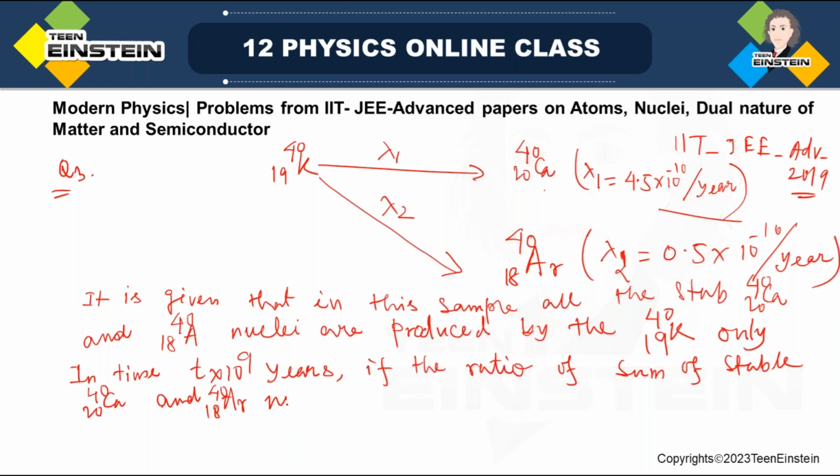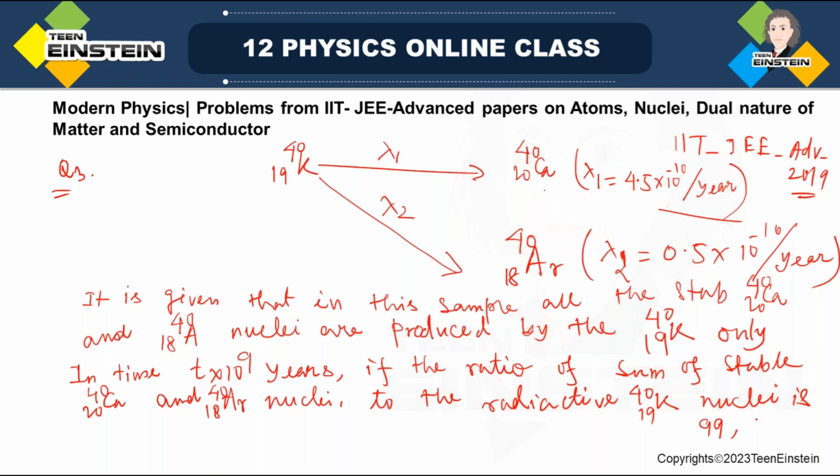Nuclei to the radioactive residual, that means residual radioactive, okay, 19 nuclei is 99.